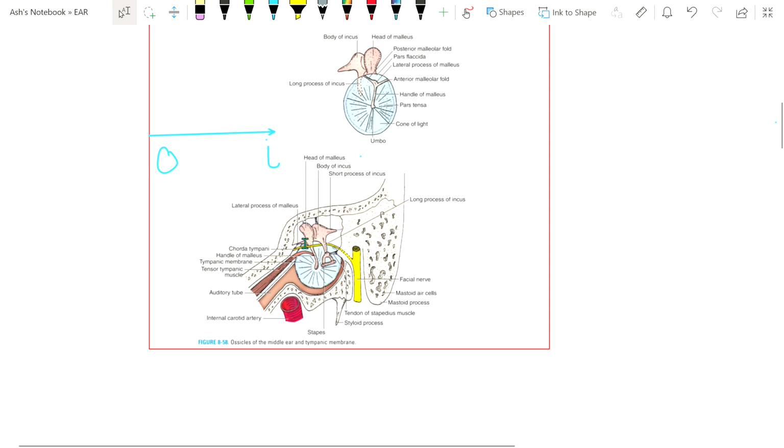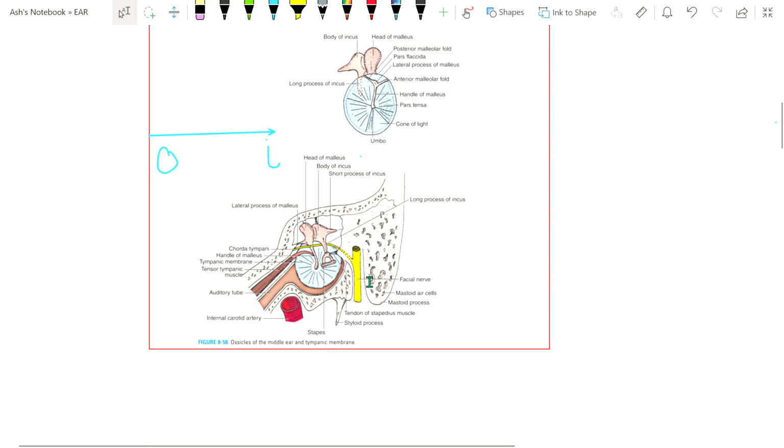There is the lateral process of malleus, then the head of malleus, then the handle of malleus. If you go to the incus, there is the short process of incus, and the stapes is like a handcuff. Then there are the facial nerves.